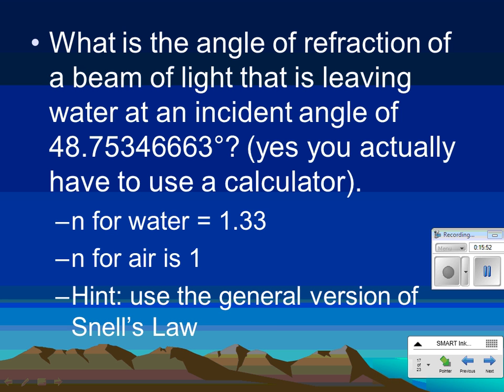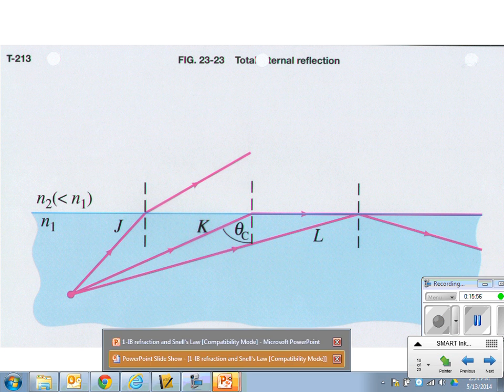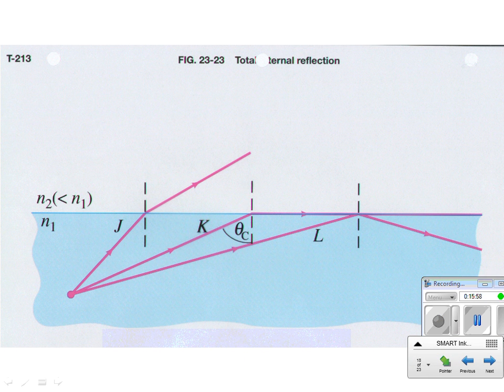Okay? This is an important thing. So here's what we just calculated. Notice that if I'm in the water and I shine a light out, it hits the surface and it refracts away from the normal. As I make my angle of incidence larger, my angle of refraction also gets larger.